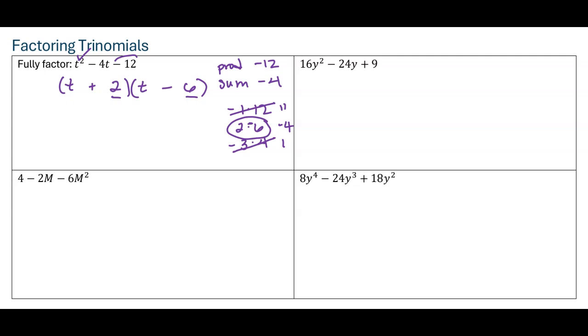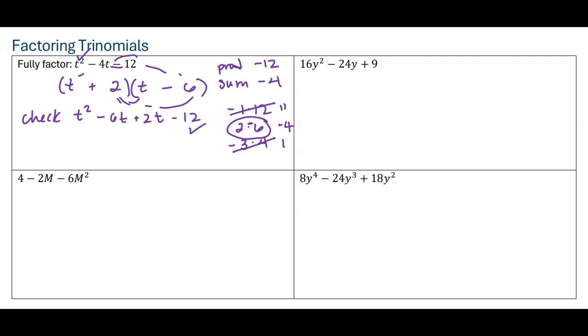I highly encourage you to double check yourself at least some of these by multiplying it back out. If I FOIL that out, so this is my check, I get a t squared. The outside is negative 6t, the inside is 2t, and the last is negative 12. So again, the negative 12 is good.